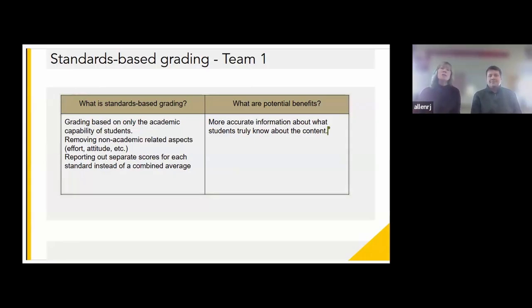And reporting separate scores for each standard instead of a combined average. Lots of times, maybe not even necessarily a score. We use leveling for MyStar, and you'll see how that works as we move through. The benefit is it gives you more accurate information about what students truly know about the content.